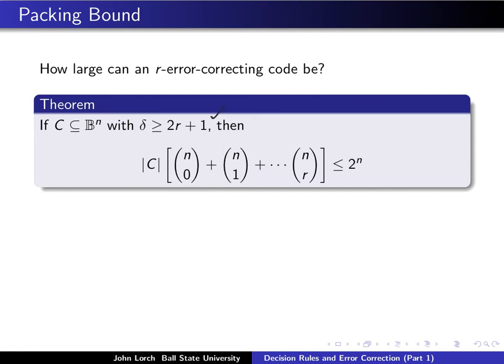That is, the minimum distance in the code is bigger than or equal to 2r plus 1 on binary strings of length n. Then the number of code words times this quantity has to be less than or equal to 2 to the n. So let's see if we can prove this theorem.